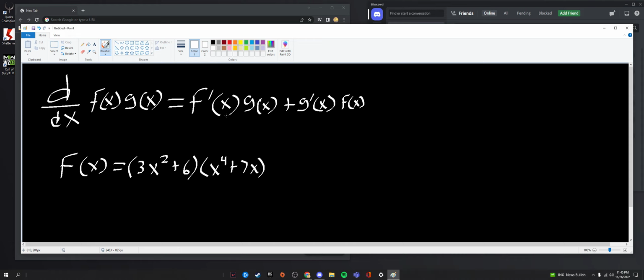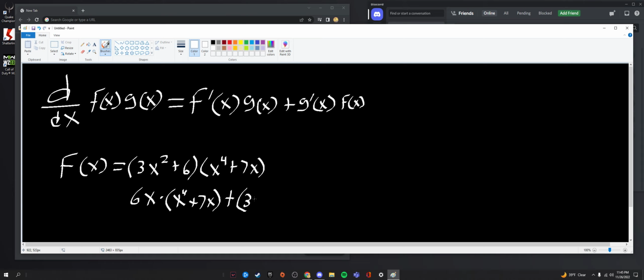So, first off, we can assign 3x squared plus 6 to be our f of x. If we differentiate according to the product rule, we first take the derivative f prime of x. So we differentiate 3x squared plus 6. This gets us 6x, just 6x, and then we multiply by g of x, so it's still multiplied by x to the fourth plus 7x, and now we add g prime of x, which would be differentiating x to the fourth plus 7x.